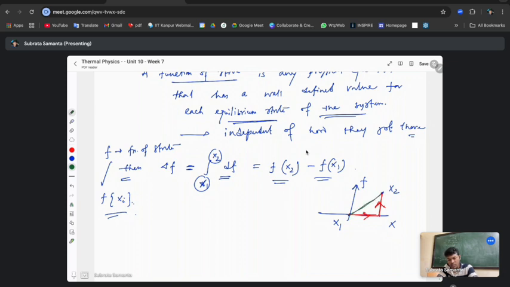So two different paths, path 1 and path 2. But it only depends on f2 minus f1, the endpoints, and does not depend on the path. So this df is basically an exact differential.